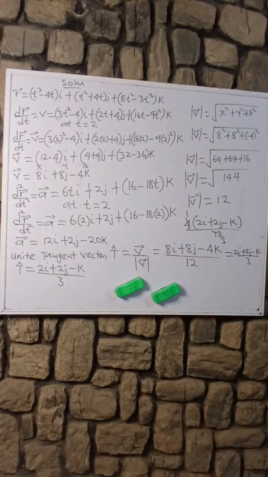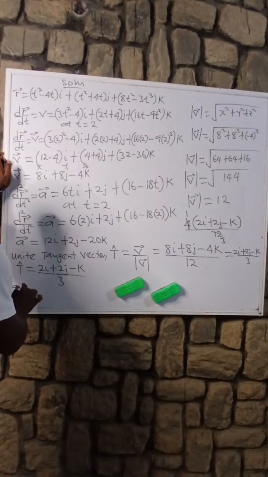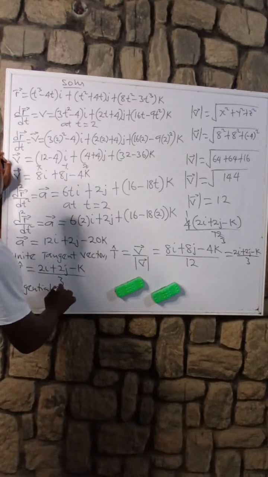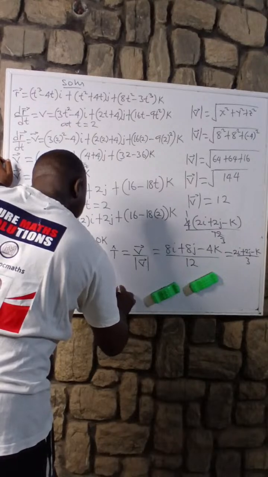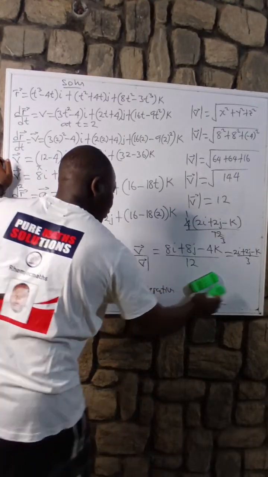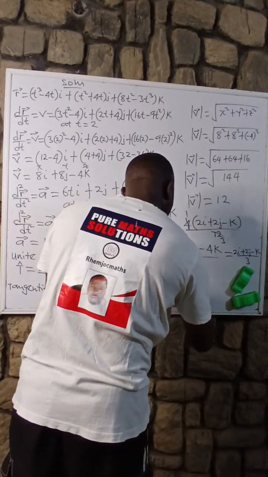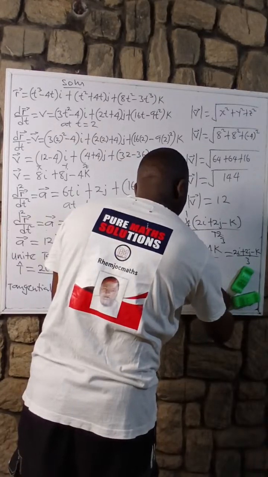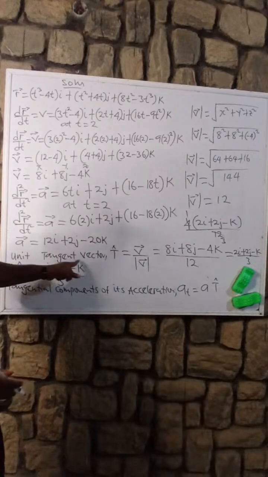So now what we need to do here is for us to consider the tangential component of its acceleration. So it means the tangential component of its acceleration will now be equal to, let's write it this way, a sub t is equal to a dot T, the unit tangent vector.